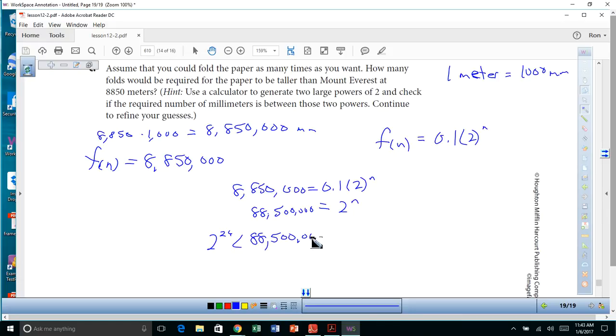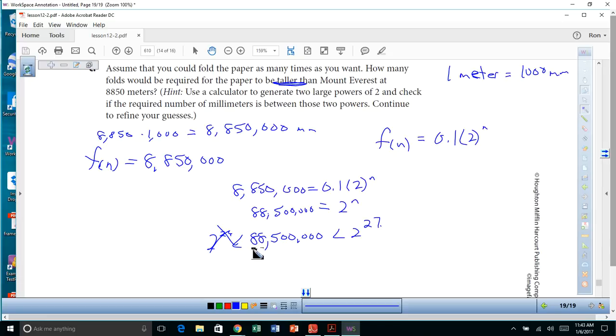88,500,000, which is less than 2 to the 27th, right? And since n has to be an integer, and we want something that is taller than Mount Everest, it can't be 2 to the 26th.